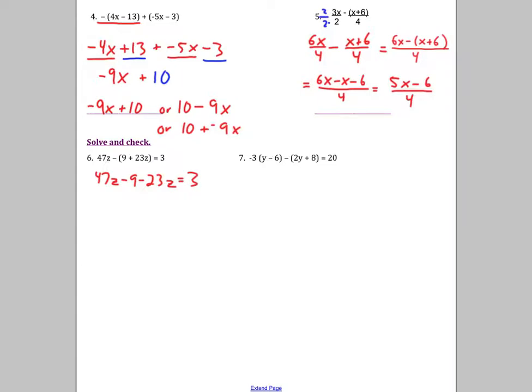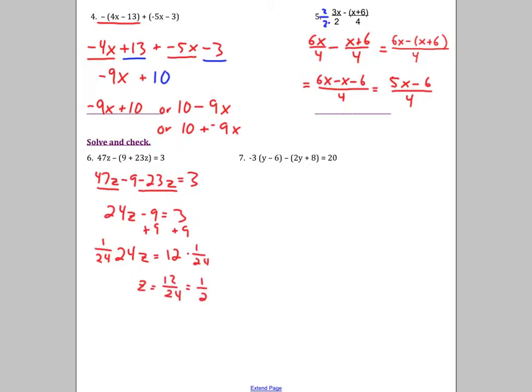Now we combine the like terms. 47z minus 23z is 24z. Still have our minus 9 equals 3. Add 9 to both sides, and we get 24z equals 12. Multiply both sides by the reciprocal of 24, and we get z equals 12 times 1 over 24, which is 1/2.